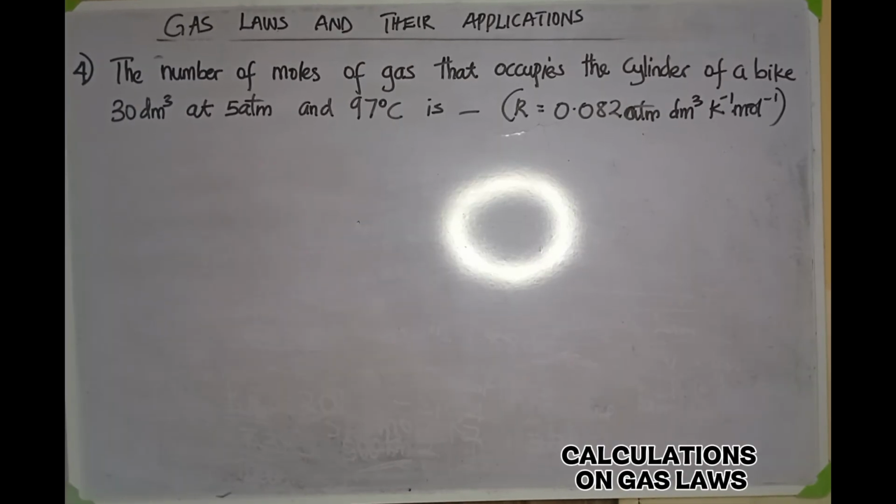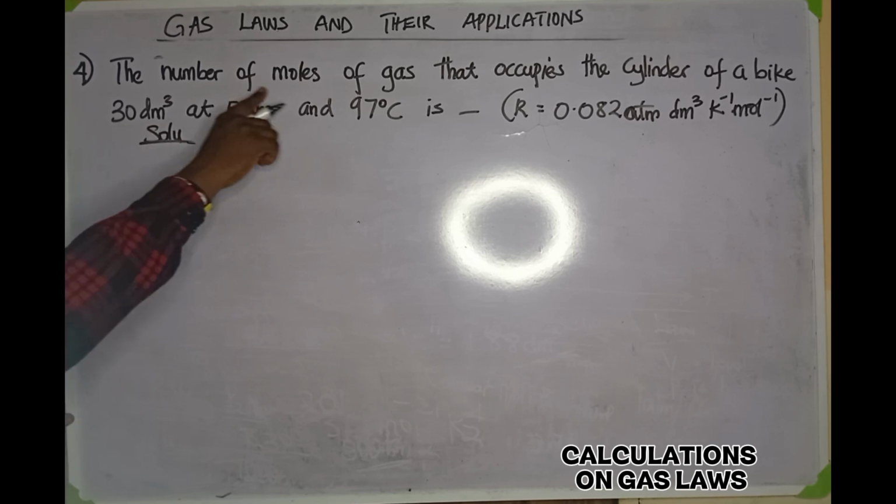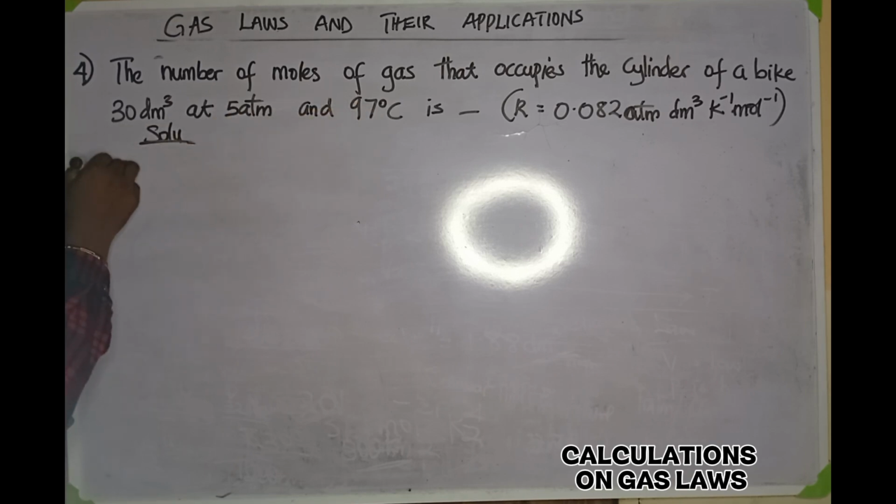Okay, we answered this question. The number of moles of gas that occupies the cylinder of a bike 30 dm cube at 5 atmosphere and 97 degrees Celsius is dash. Let's answer this question. So they're asking about the number of moles of gas that occupies the cylinder of a bike.